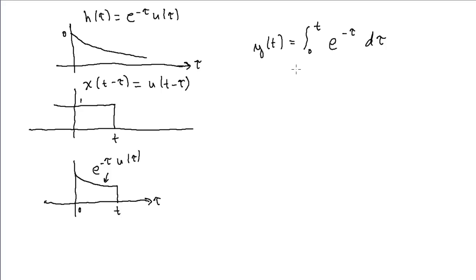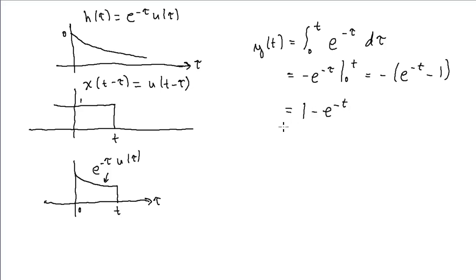I can carry out that integral. I'll get minus e to the minus tau evaluated at 0 and t, or minus e to the minus t minus evaluating this at tau equal to 0, e to the 0 is 1. I can rewrite this as 1 minus e to the minus t.